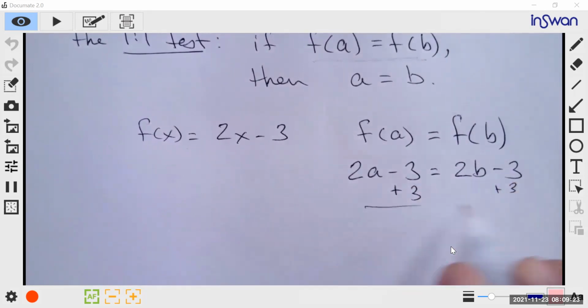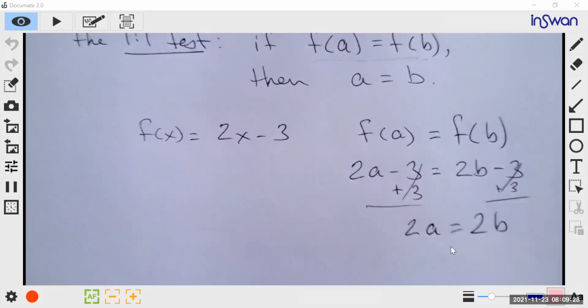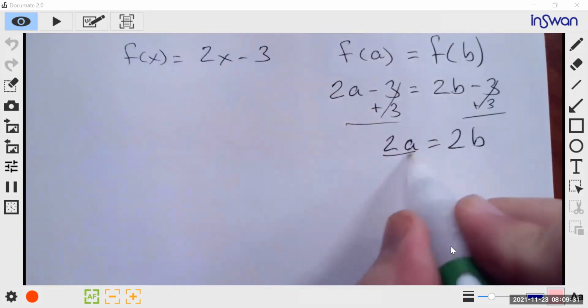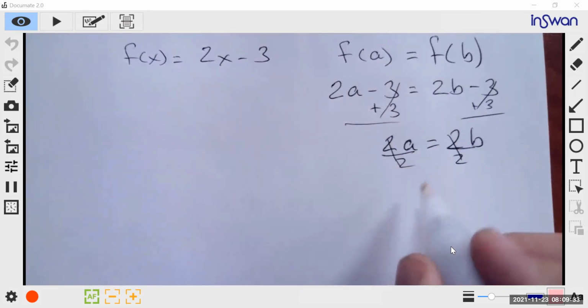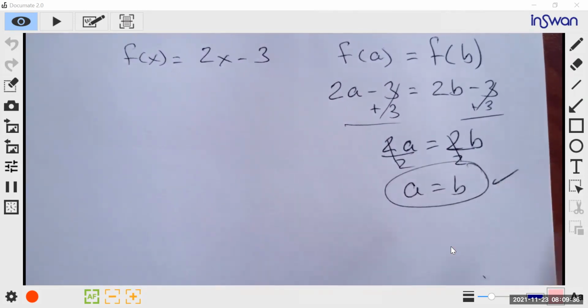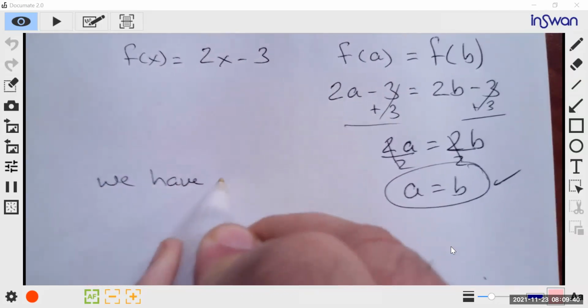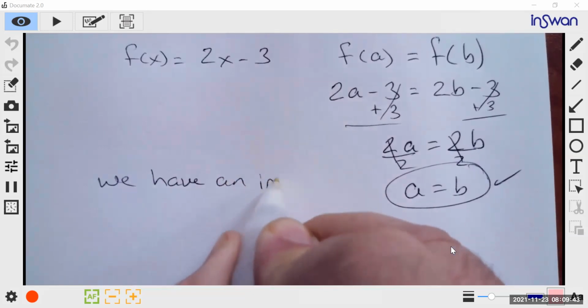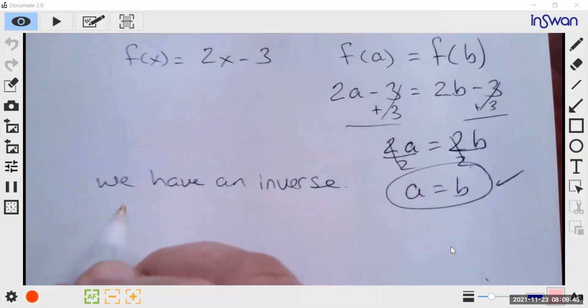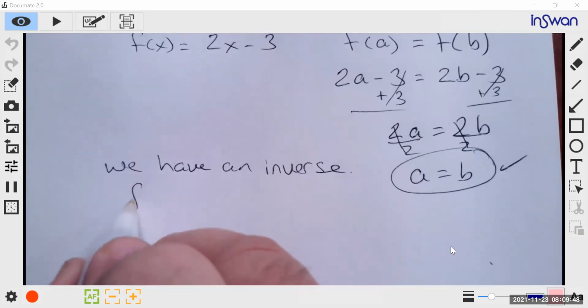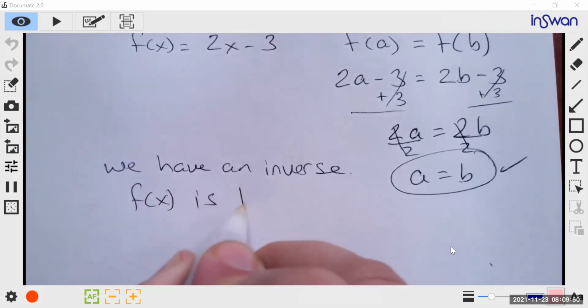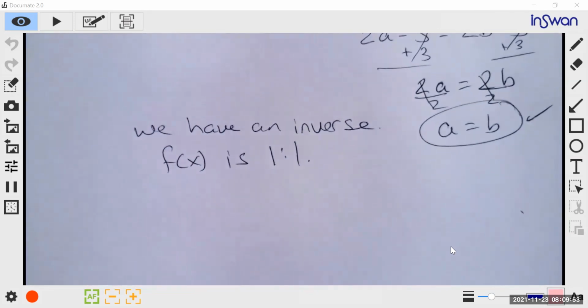Add 3 to both sides. 2a equals 2b. Divide by 2, a equals b. So basically, if that's true, then we know we have an inverse. All we have to do is find it.